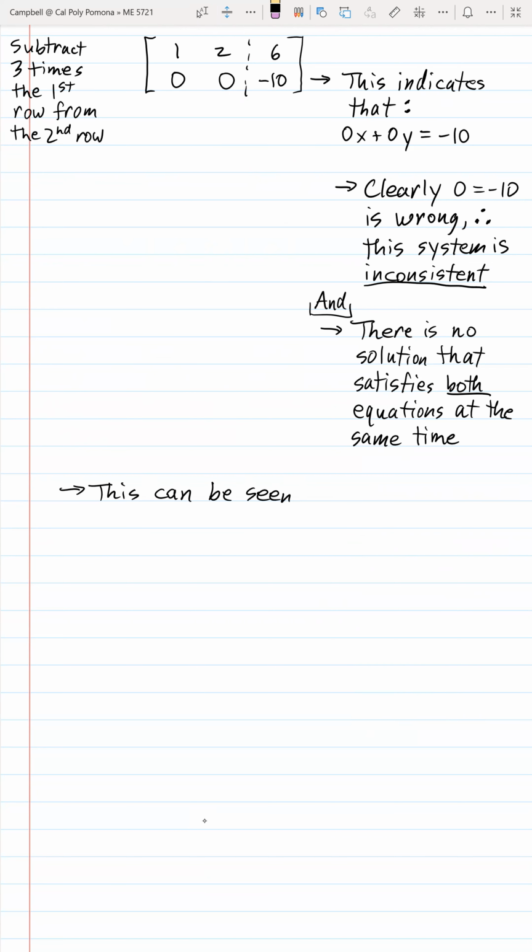So this can be seen by plotting the equations of the lines.